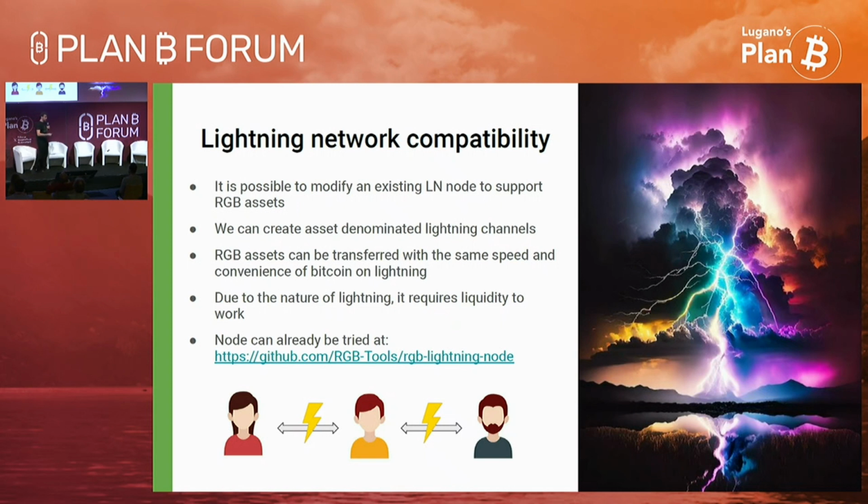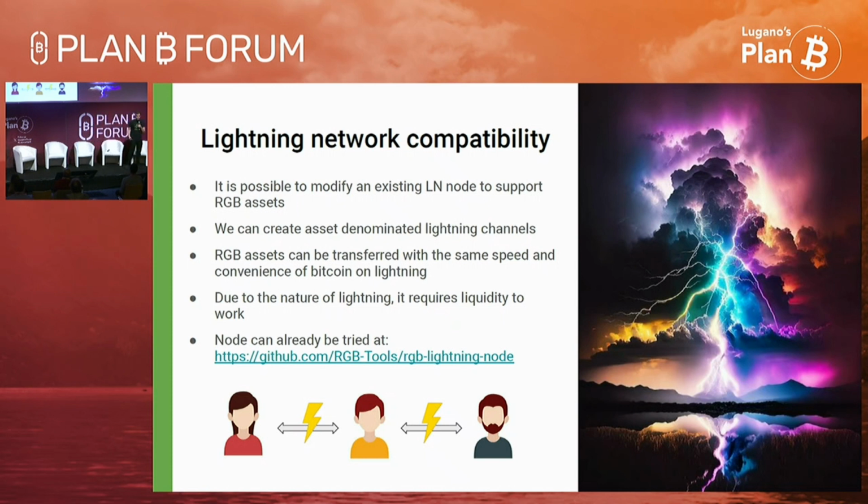But RGB doesn't need to add extra complexity. It just says, okay, whatever is in the Lightning Network channel, there are some Bitcoins, a few Satoshis, maybe if your goal is not to move Bitcoin, but just to move an RGB asset. And then you just add these assets to all the complex Lightning commitment transactions that you have.